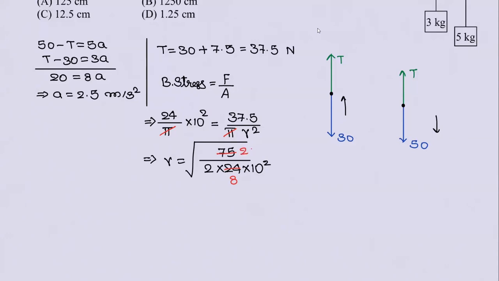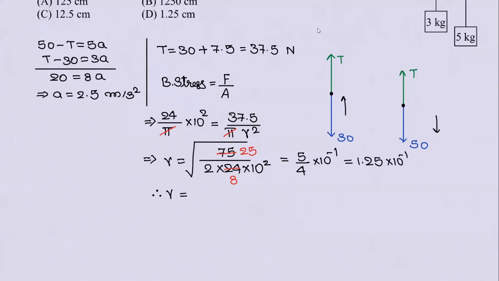Yeah. Now this is 16. 25 under root will be 5. 16 will be 4 into 10 power minus 1. So 5 by 4 is 1.25 into 10 into 10 power minus 1.